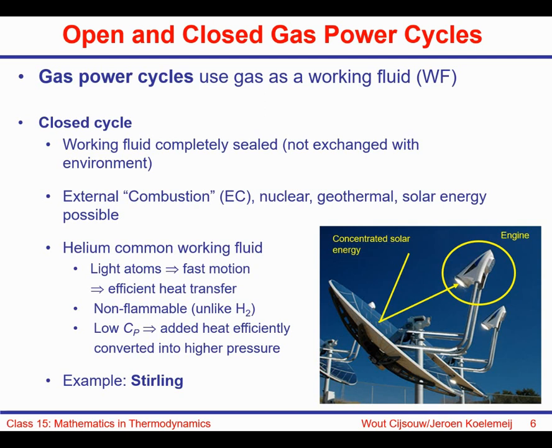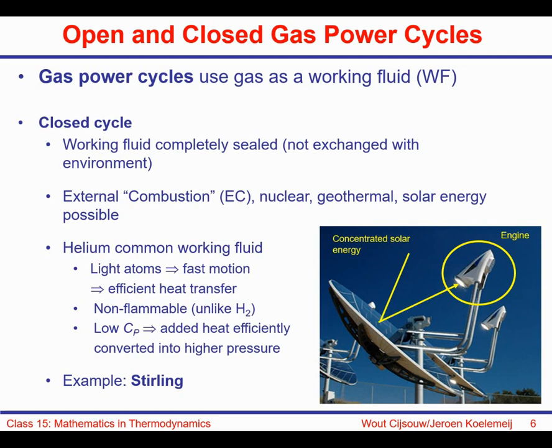In the picture, you see a sort of a parabolic mirror that concentrates solar energy, light, and focuses it into a Stirling engine. And on the next slides, we will actually look at Stirling engines. So this is not combustion. This is literally solar energy in its purest form.